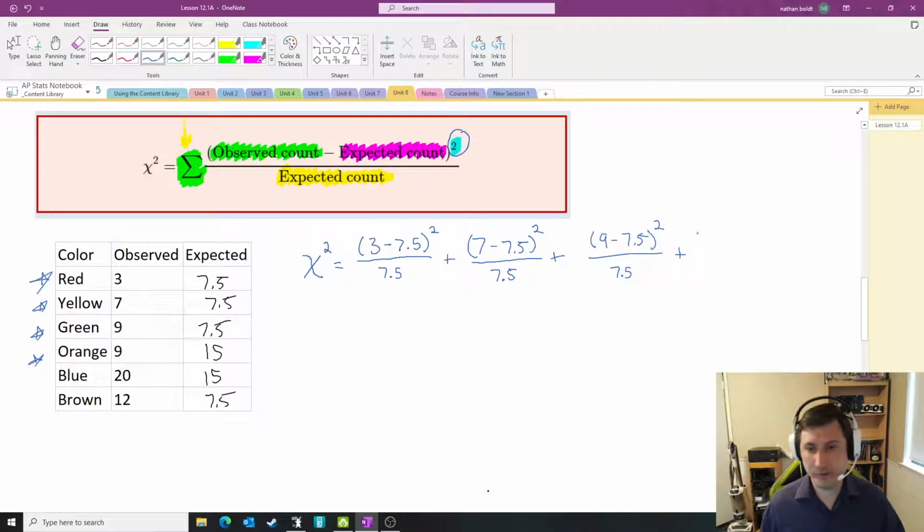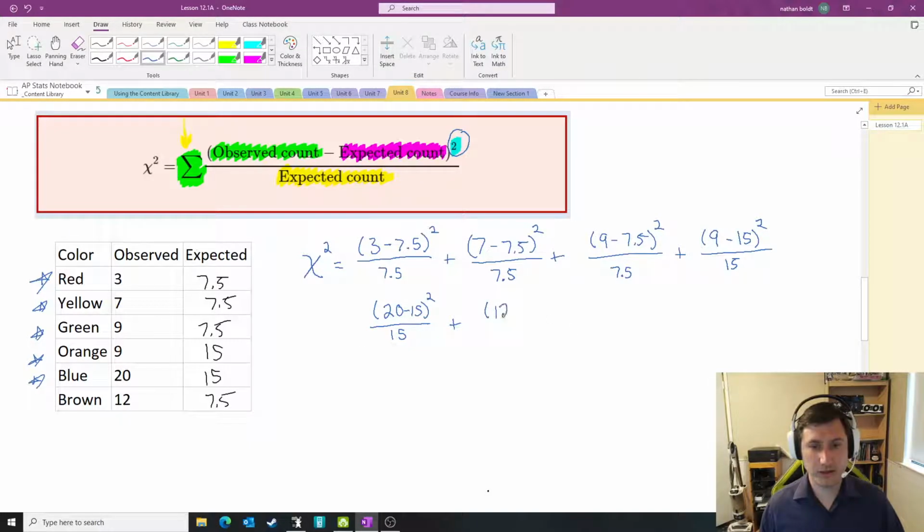So that one will be 9 minus 15 this time, squared, divided by 15. That one had a different expected value. I'm just going to continue underneath here. So 20 minus 15 squared divided by 15, plus, that was blue, now brown.